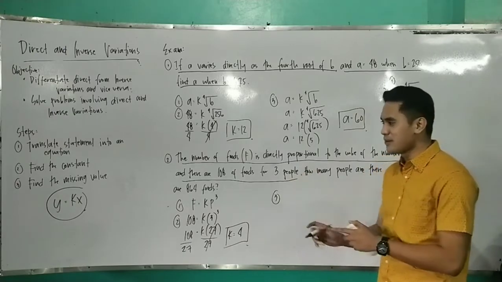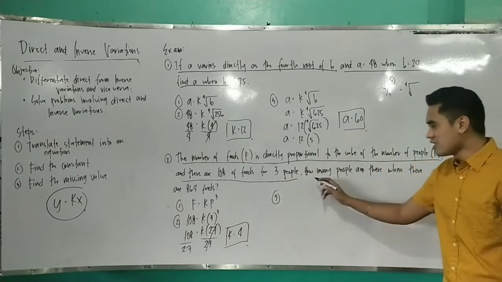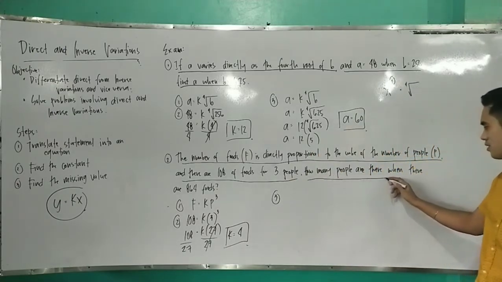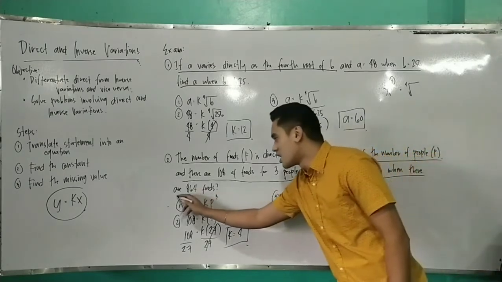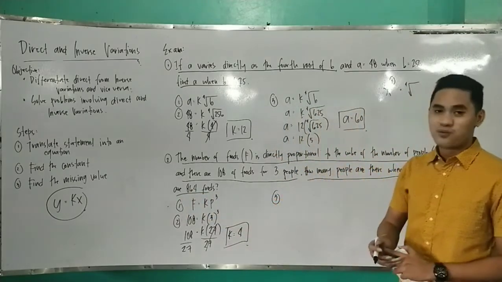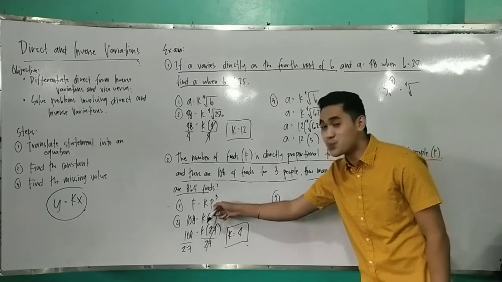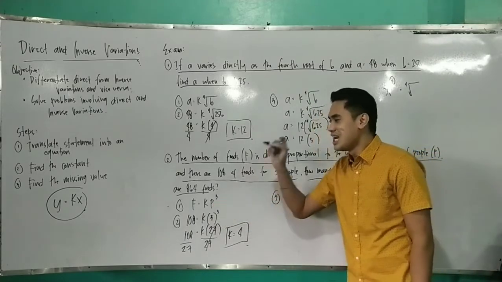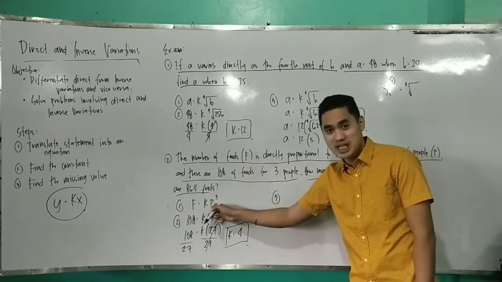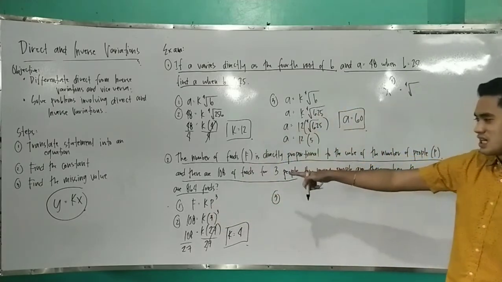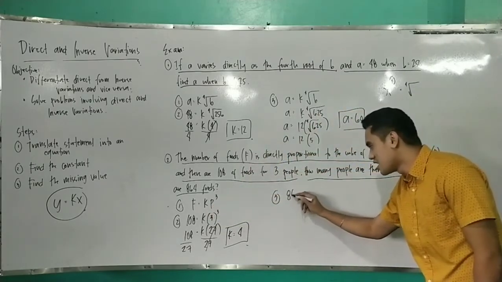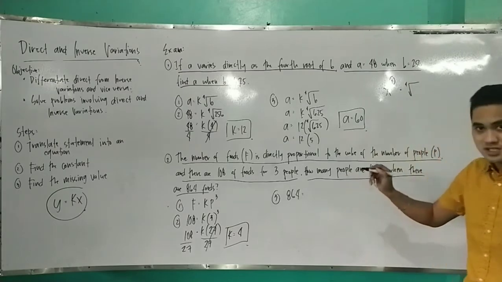So for the last step, find the missing value. At dito, so how many people are there when there are 864 foods? So ang hinahanap natin yung P. Ulitin ko lang, ang hinahanap natin yung P. Okay, so bali dyan, meron tayo dyan 864 na foods.